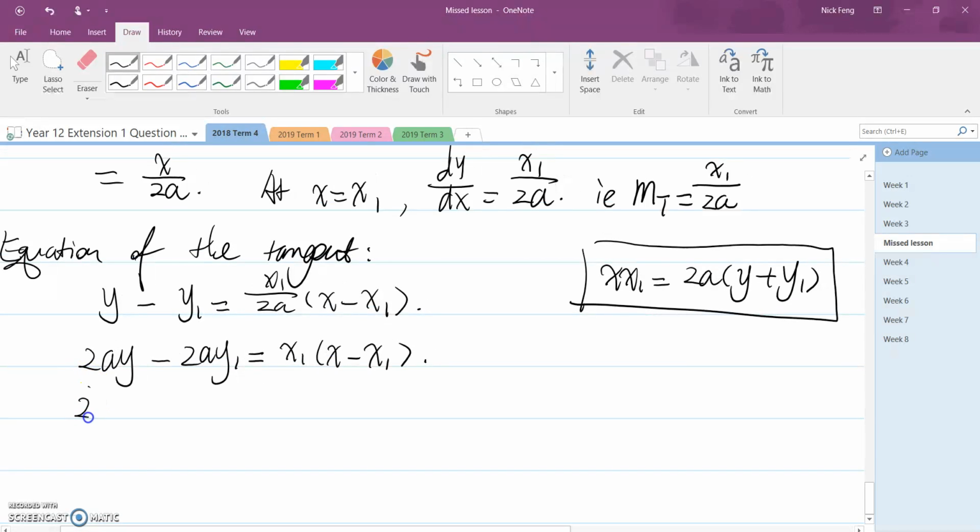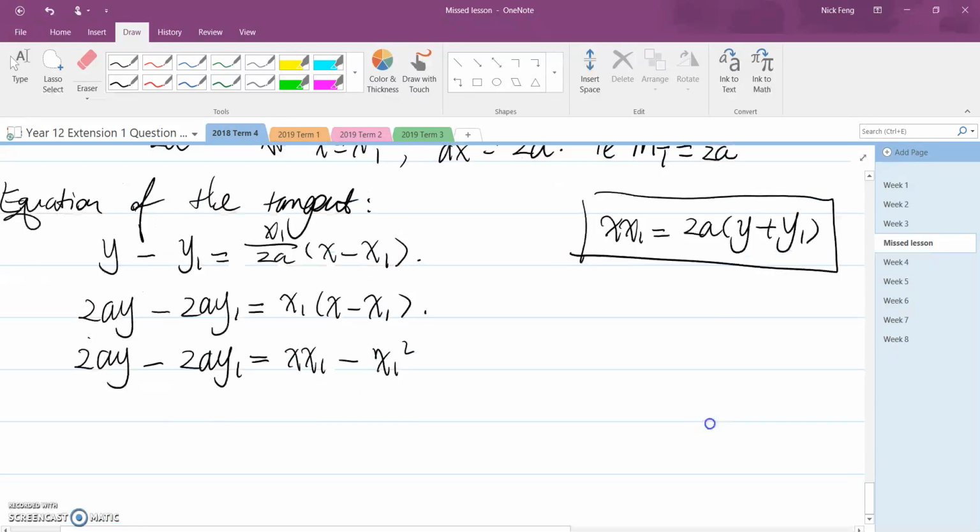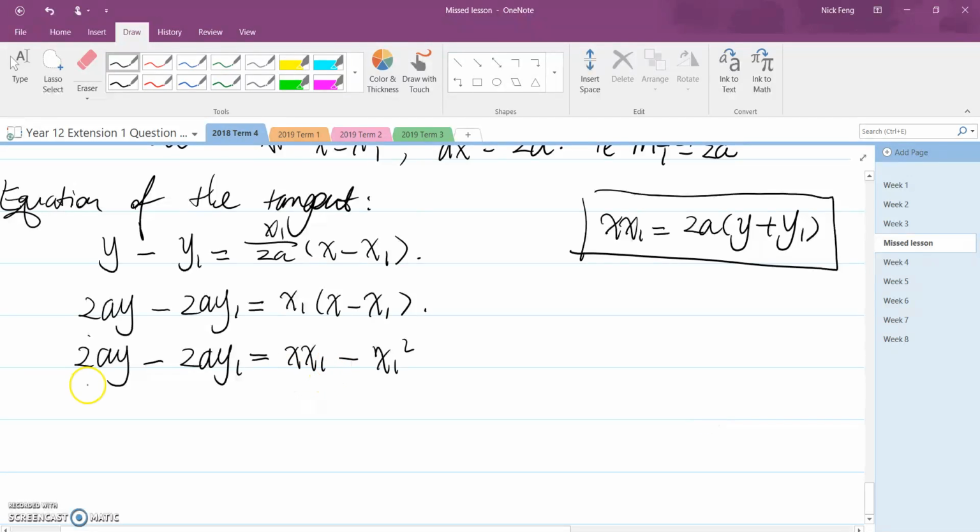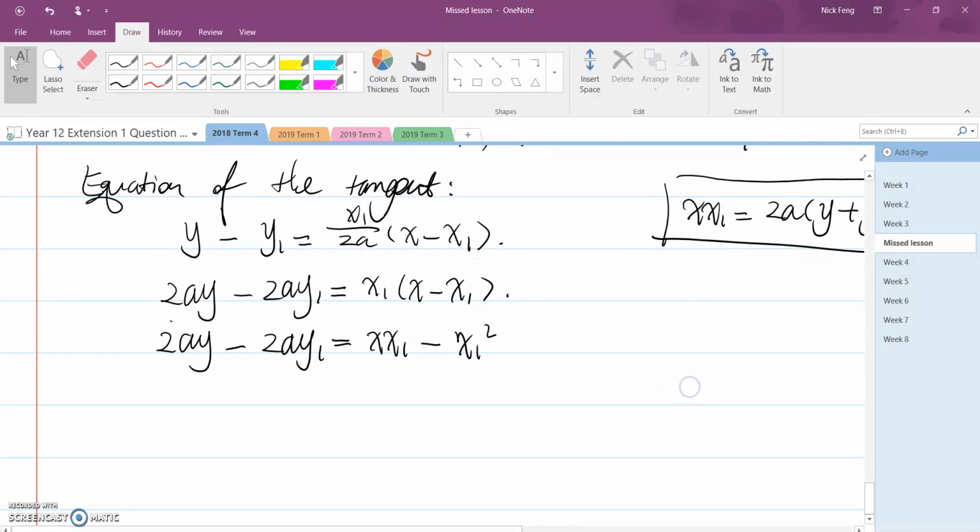So that is 2a y1 equals x x1 minus x1 squared. It's pretty close. We got this term. But these two are not quite the same as this, especially in the one that we want, we don't have the x1 squared term. So now we're going to use a little trick. Since point P, let's restate this, lies on the parabola.